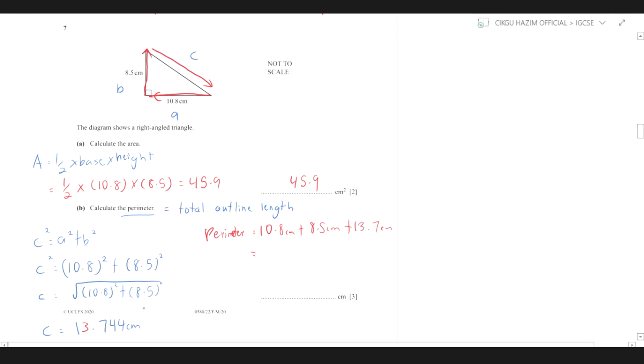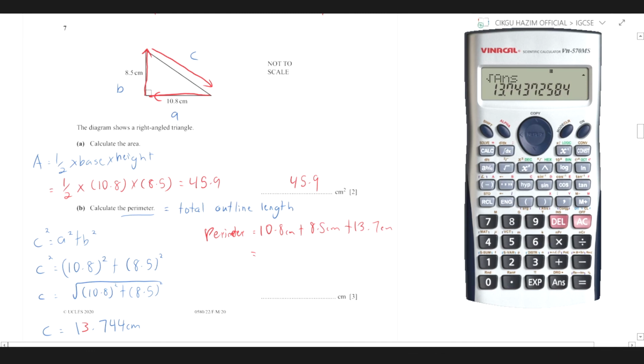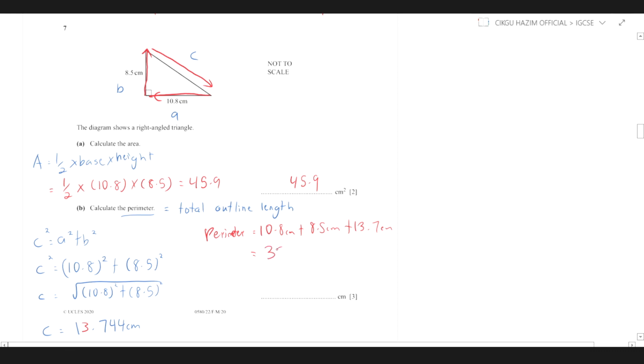Alright, so then you press that in the calculator: 10.8 plus 8.5 plus 13.7, then what you should get here is 33. So 33 centimeters, that's the total perimeter.